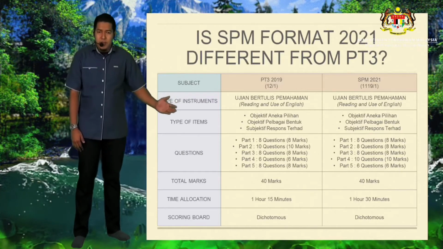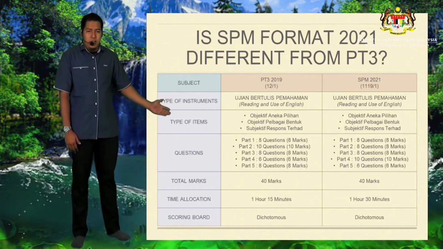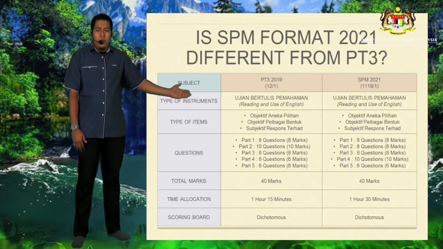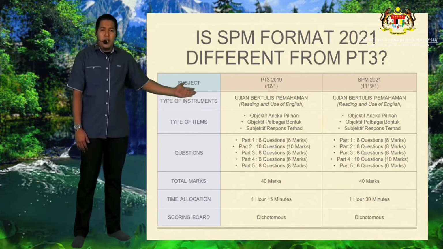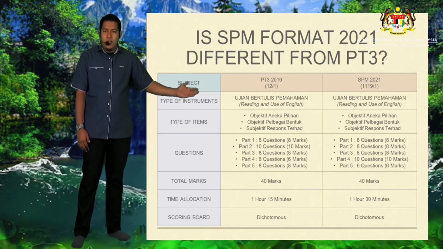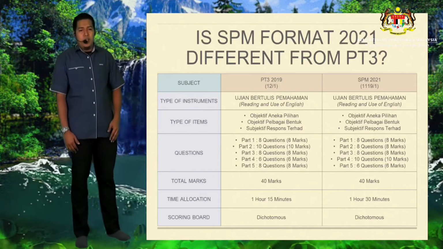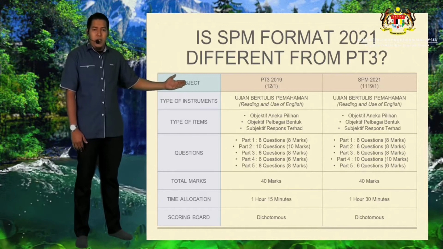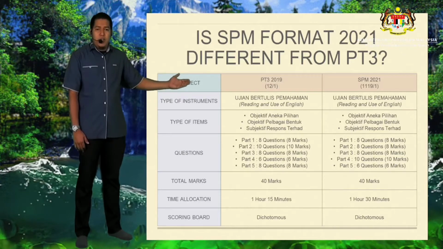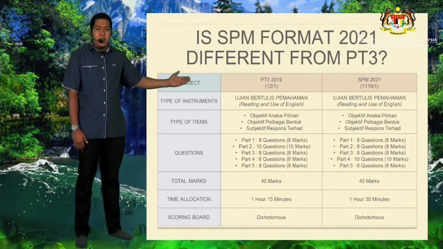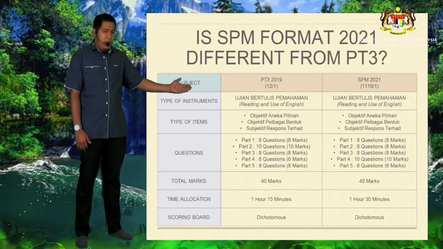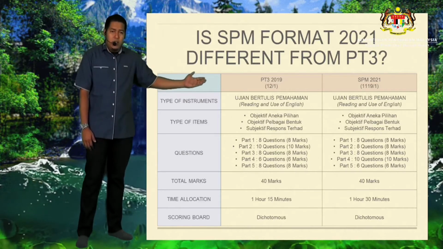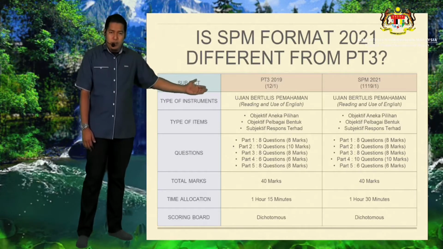But for the type of questions, both papers are different. For part 1, both papers share the same number of questions, which is 8 questions. But for part 2, PT3 2019 has 10 questions, but SPM 2021 has only 8 questions.